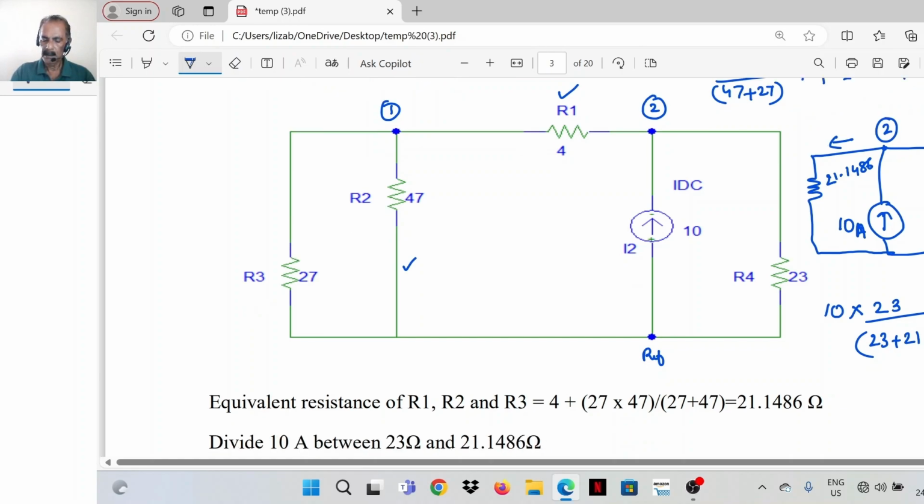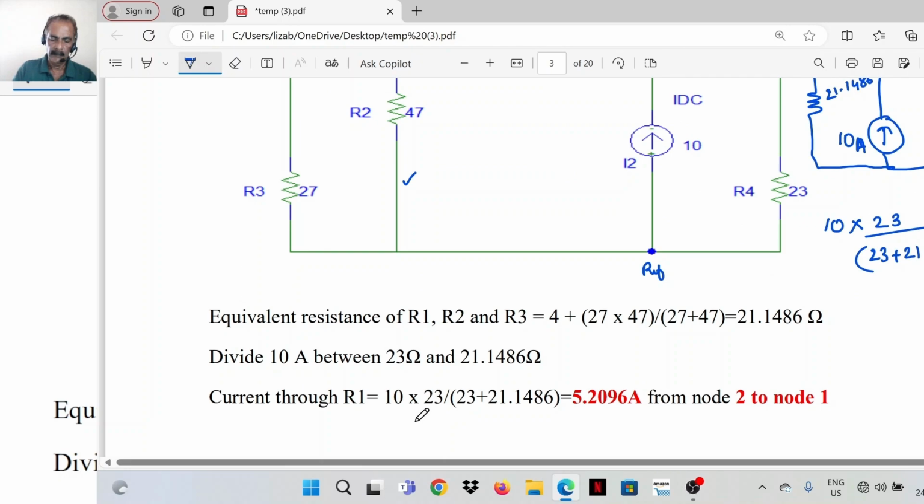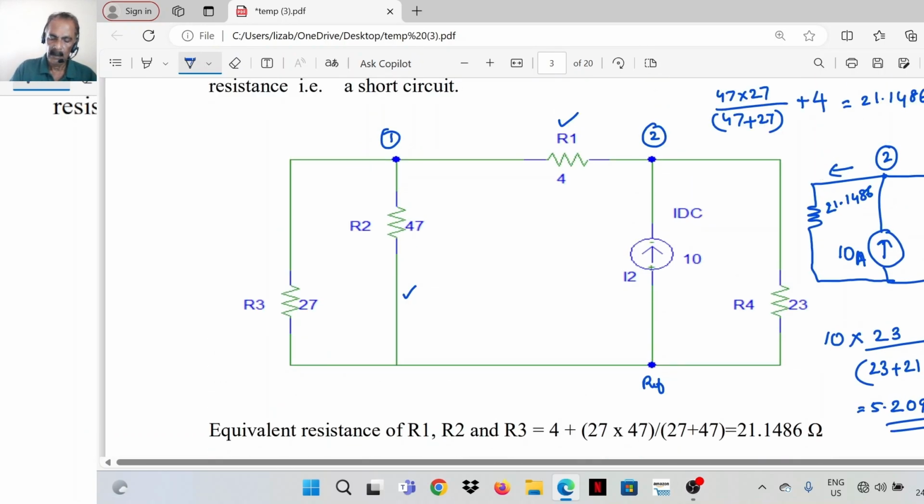That is 5.2096 ampere. That is, this current is 5.2096 ampere from node 2 to node 1.